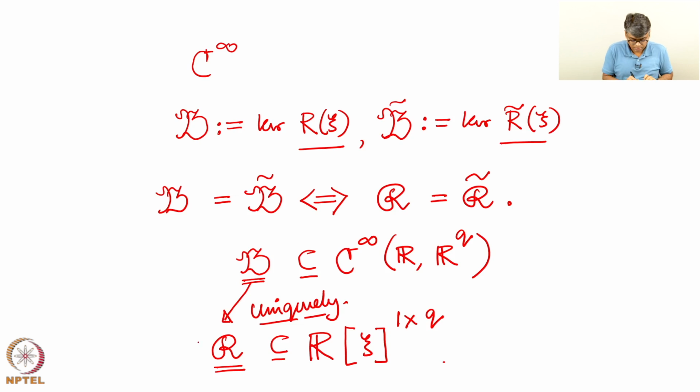And likewise, if there are two different behaviors, then their corresponding equation modules will also be different. It has something to do with some property of C infinity. As you have seen before, if the functions are not C infinity, then this need not be true.